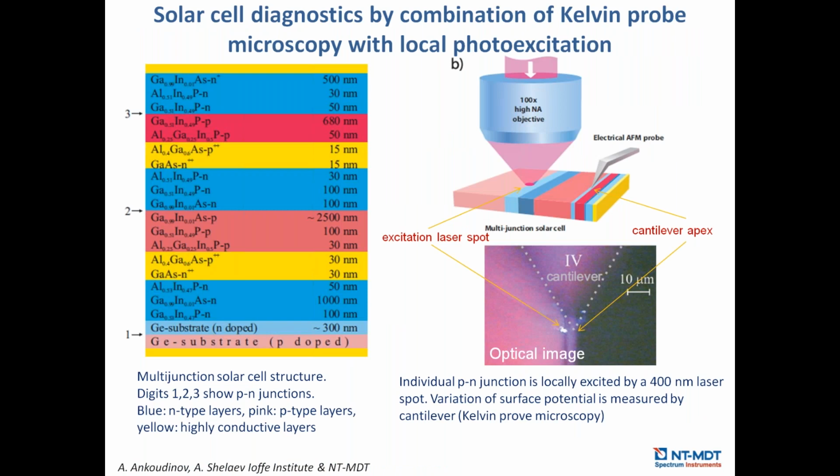On this image we can see a photovoltaic study. This is a multiple PN junction solar cell structure, which was investigated by KPFM to measure surface potential, and the light excited the potential. The light was positioned step by step onto different PN junctions.